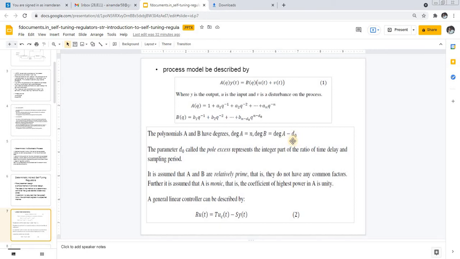This parameter d0 is called the pole excess, which represents the integral part of the ratio of time delay and sampling period. Sometimes it is also convenient to write the process model in the delay operator, which is q inverse.